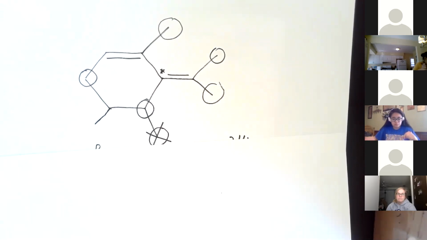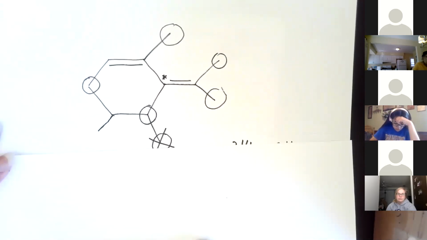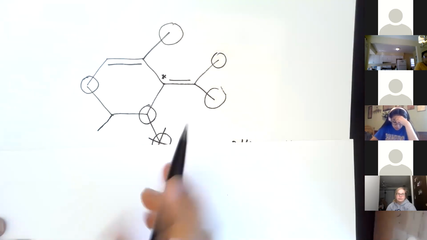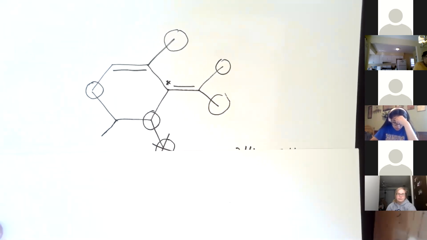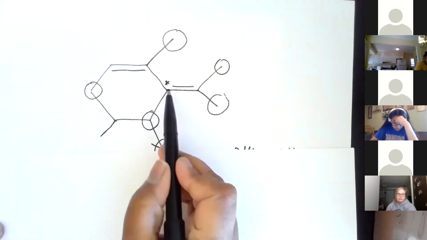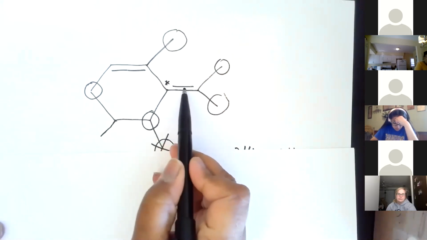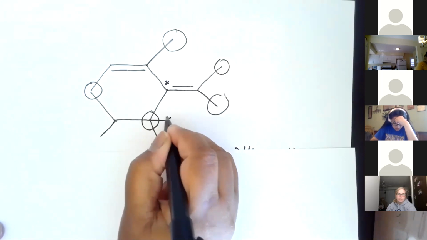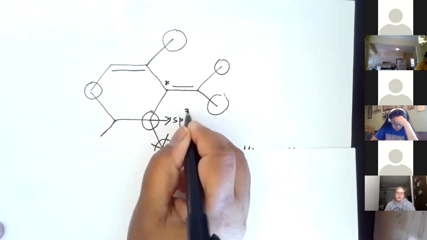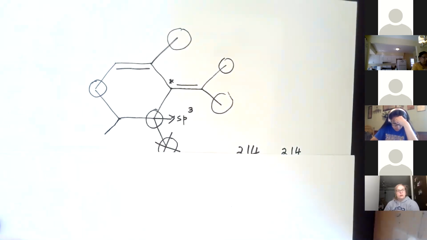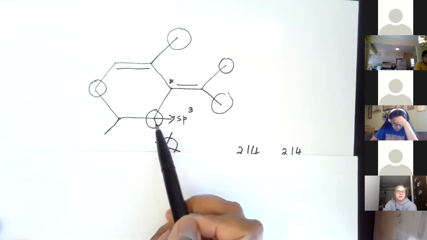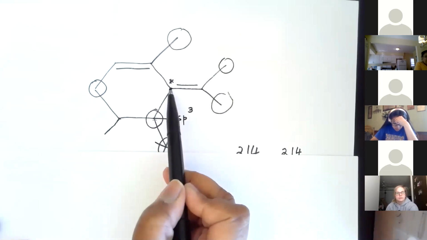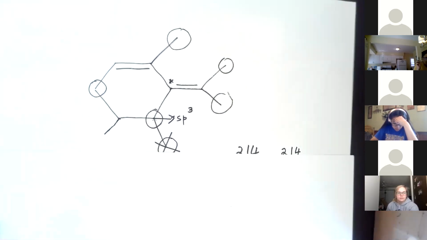Auxochromic alkyl groups. So your book calls it auxochromic alkyl groups. Those are alkyl groups that are extensions of a double bond. Okay, so if you have a carbon that's sp3 hybridized, that's an alkyl group. So you have to look at an sp3 hybridized carbon that's directly attached to an sp2 hybridized carbon.